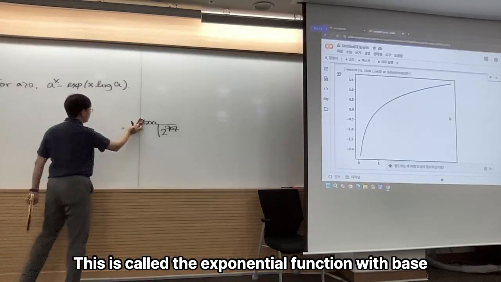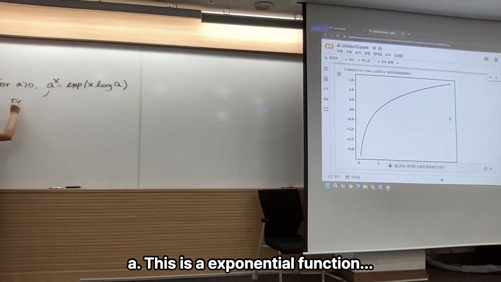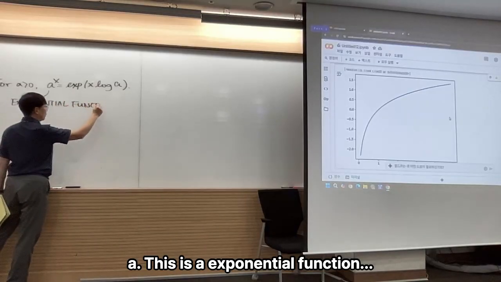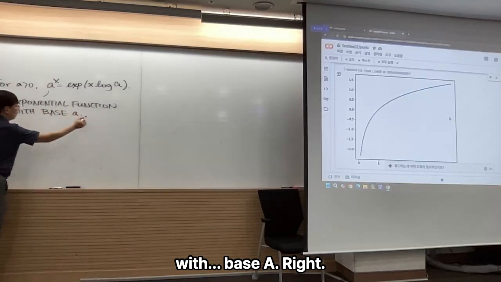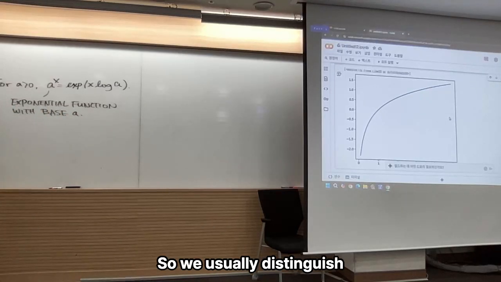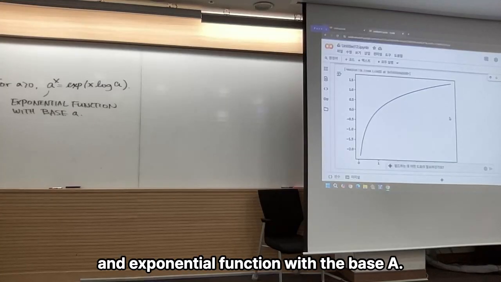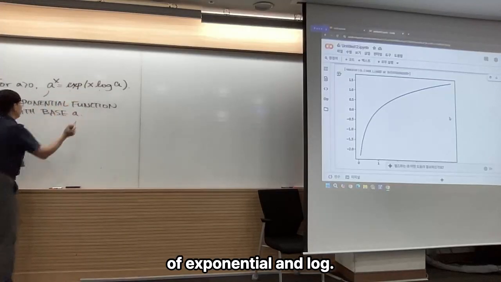This is called the exponential function with base a. We usually distinguish the exponential function exp and the exponential function with base a. And it's defined by the composition of exponential and log.